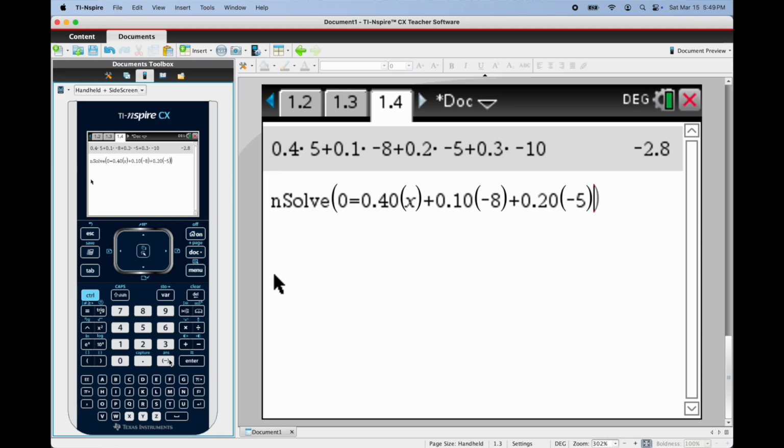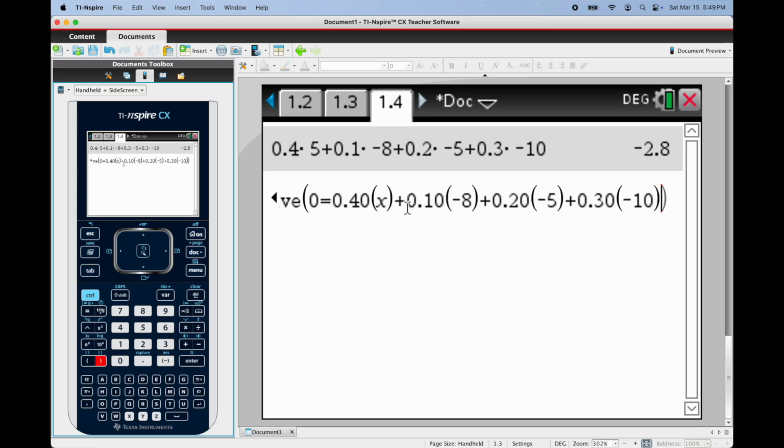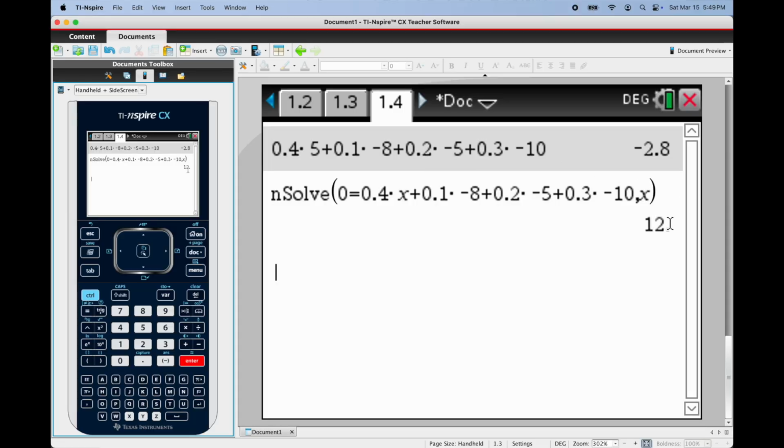One last time, this is the 30% chance of losing $10. And all of this is what is known for certain. What is the value of x that is going to make the expected return equal to 0? So let's solve for x. And the answer is 12.